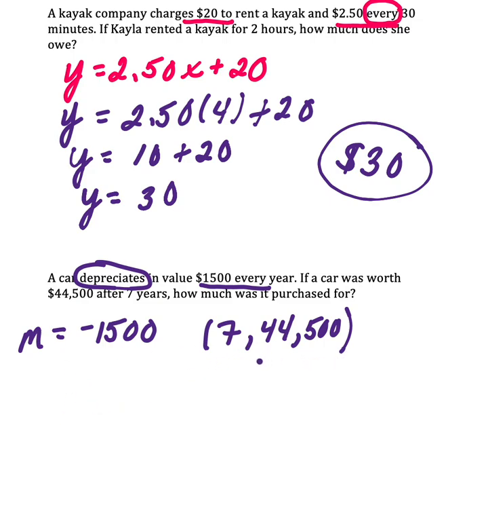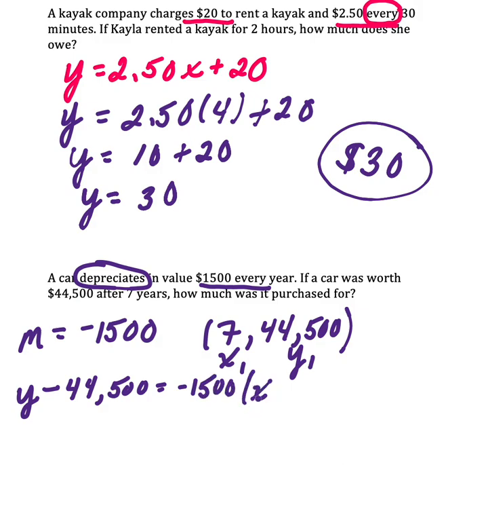So here I'm given a point, we'll call that x sub 1, y sub 1, and my slope. So I'm going to plug it into point-slope form. So from a formula sheet, you could read y minus y sub 1, y minus 44,500 equals m, negative 1,500, times the quantity x minus x sub 1, which is 7.